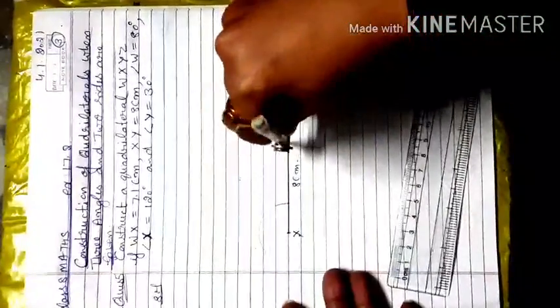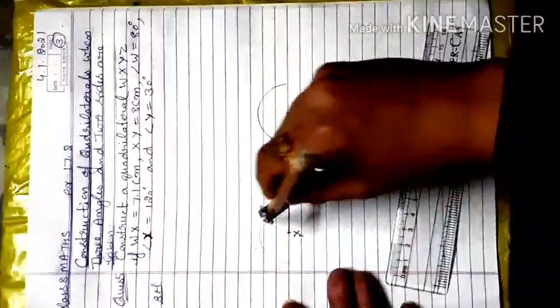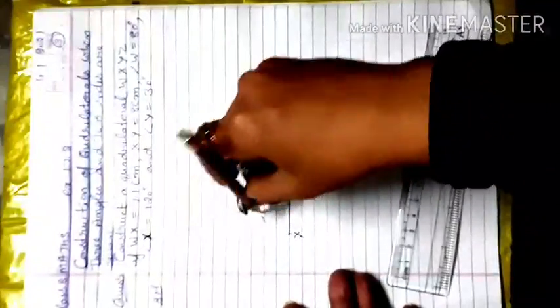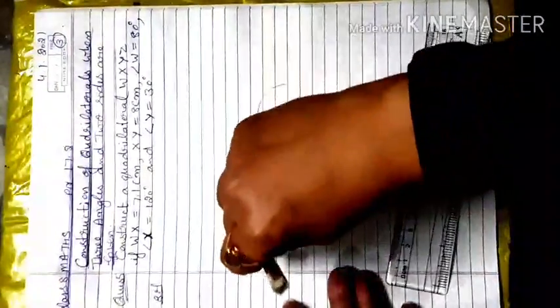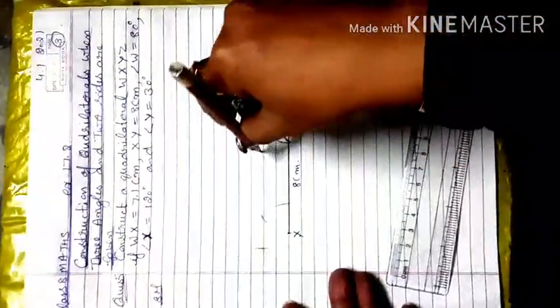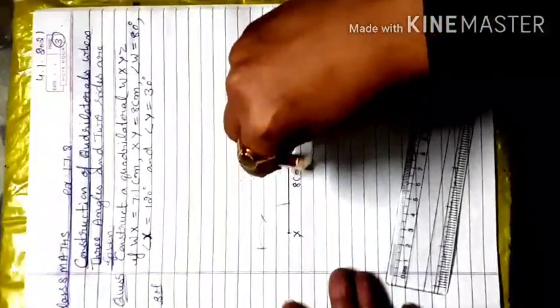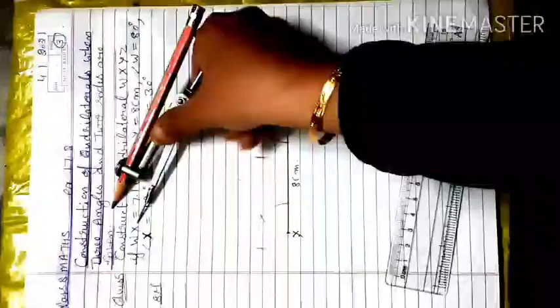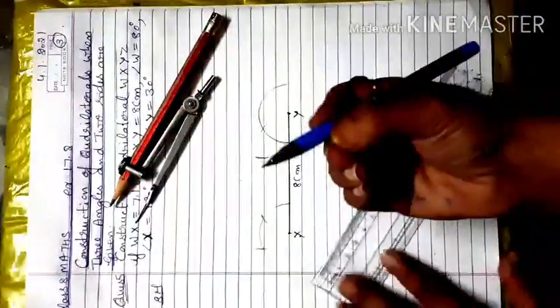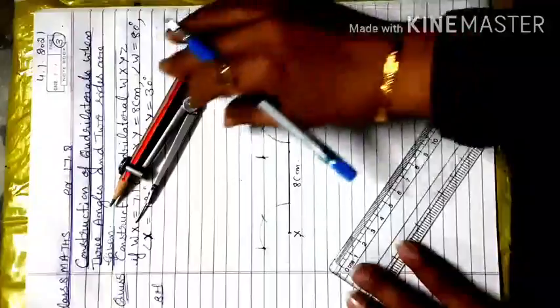With the same radius I will mark two arcs, 60 degree, 120 degree, here 60 degree. Half of 60 degree is 30 degree, so I will bisect 60 degree into two equal parts. So here this mark is 120 degree and this is 30 degree.